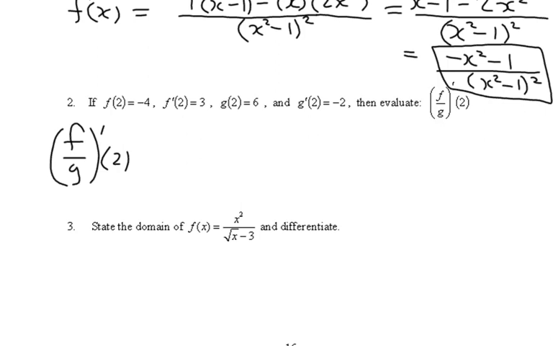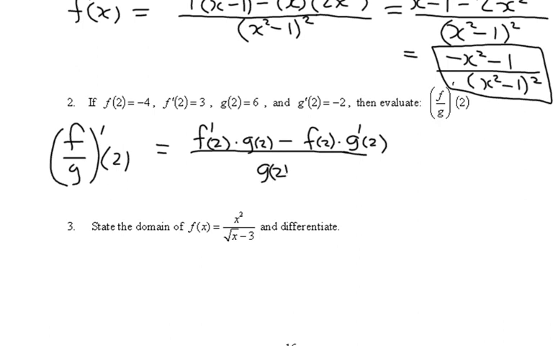So of course, I'm going to take my derivative with 2 in mind. So what is it going to be? It's going to be f prime of 2 times g of 2 minus f of 2 multiplied by g prime of 2, all over g of 2 squared.